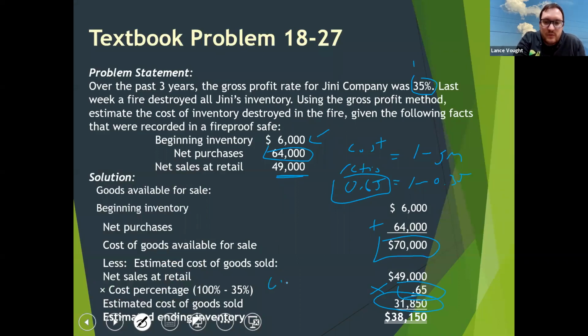So we do 70,000 minus 31,850. That tells us the estimated inventory that was lost in the fire, because all the inventory was destroyed for Ginny, is $38,150. So essentially, this is what they presumably might get from insurance.